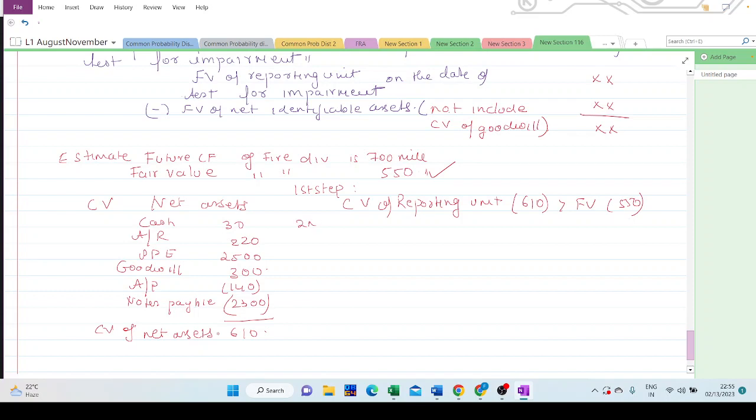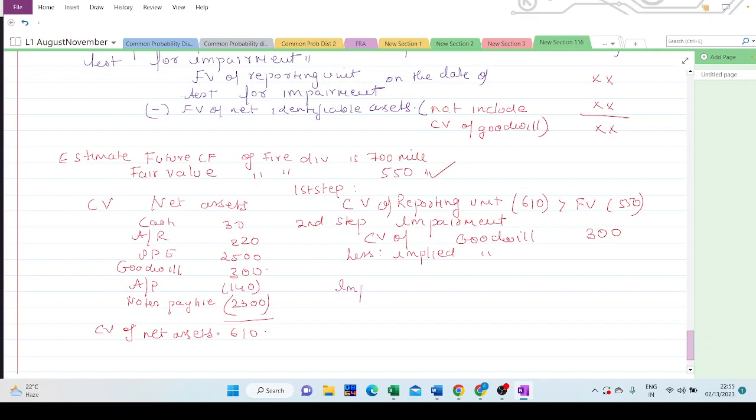So in the second step, we'll calculate the impairment loss, which is how much? Which is basically the carrying value of goodwill, which is 300 less implied goodwill. Now implied goodwill is the goodwill at the date of test for impairment. ठीक है ना?